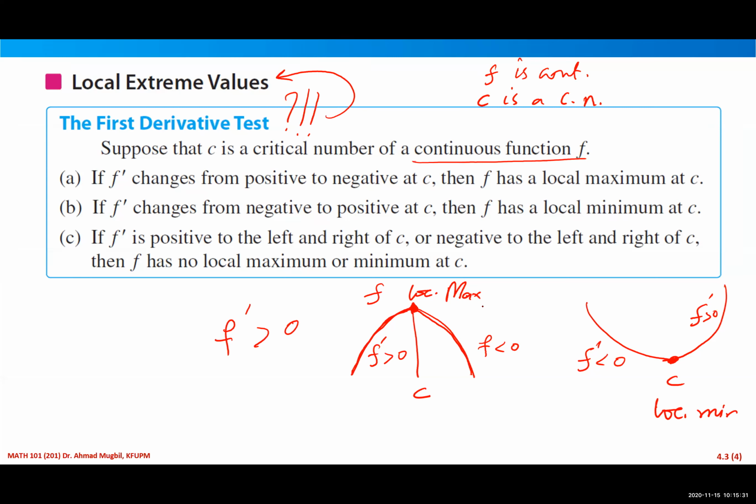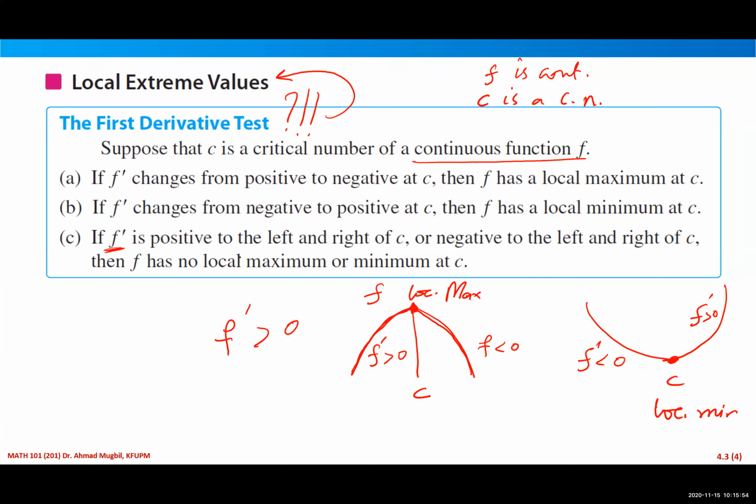What about the x-cube function? Yes, this is a good question. Does it change or not? Let's see now if the derivative is positive to the left and to the right. So the derivative is positive from the left and from the right. And also here it is negative to the left, negative to the right.